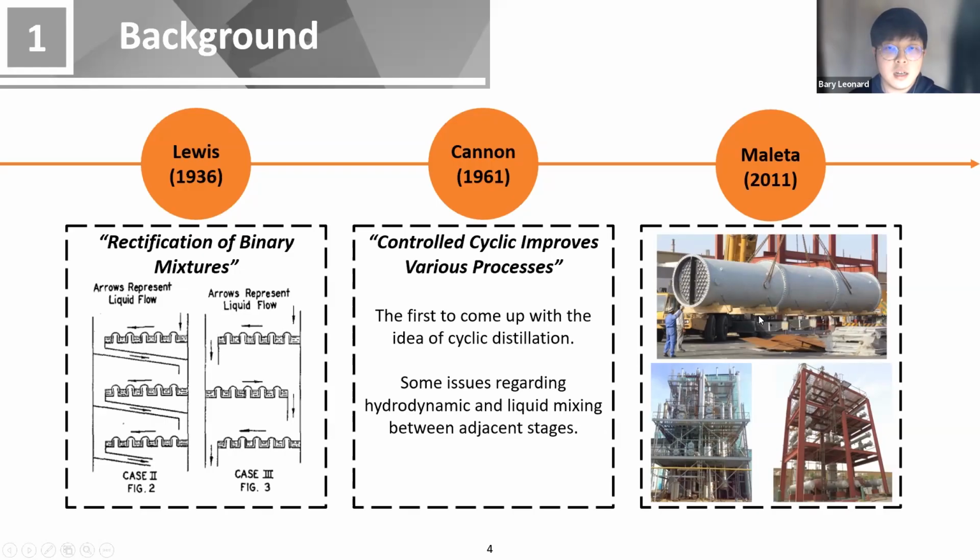And from then on, cyclic distillation has been picked up, even by industry, and to the industrial scale. You can see here the examples are ethanol production and also kerosene fractionation.